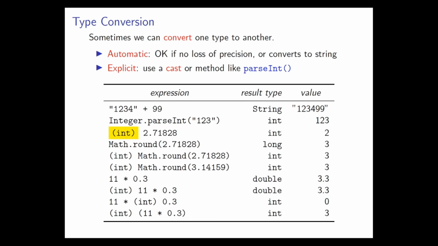On the other hand, on the bottom line here, if we do the multiplication first and then cast to an integer, we get a different result. Because if we just do 11 star 0.3, then as we saw further up, 11 is turned into a double, and the multiplication is done in double land, giving us the double 3.3, and then that double 3.3 is cast to an integer, meaning its fractional part is discarded, and therefore we get 3.